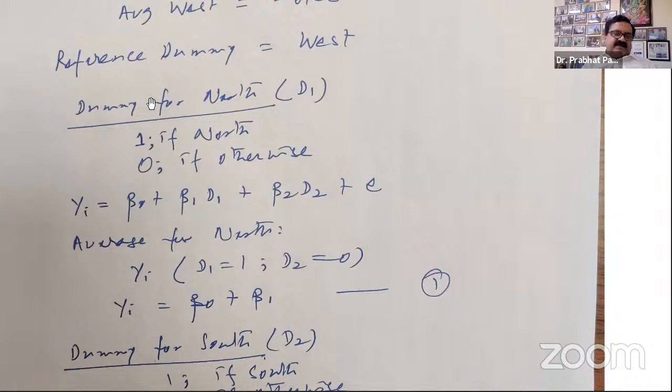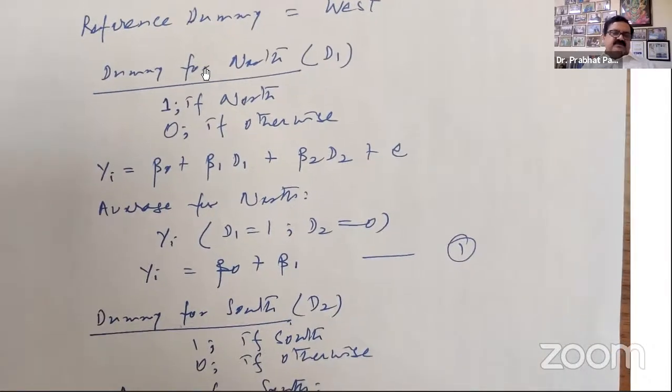Then the dummy for the north can be created like this: we'll put the value 1 if it is north and 0 if it is not north. That means for all the north regions, I'll put 1, 1, 1, and for the regions which are not north, maybe south and west, I'll put 0, 0, 0. So that becomes the dummy for the north.